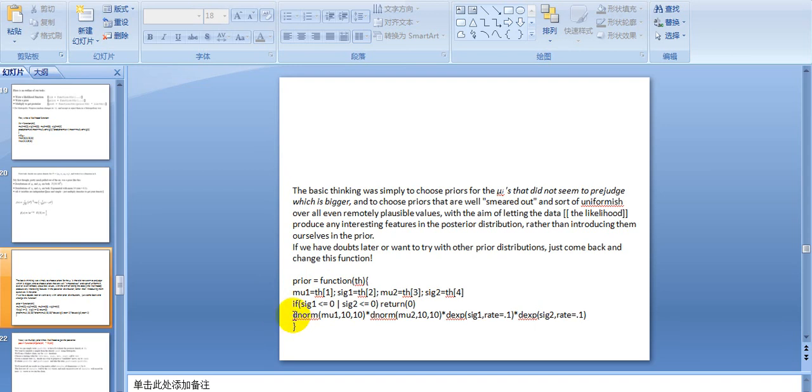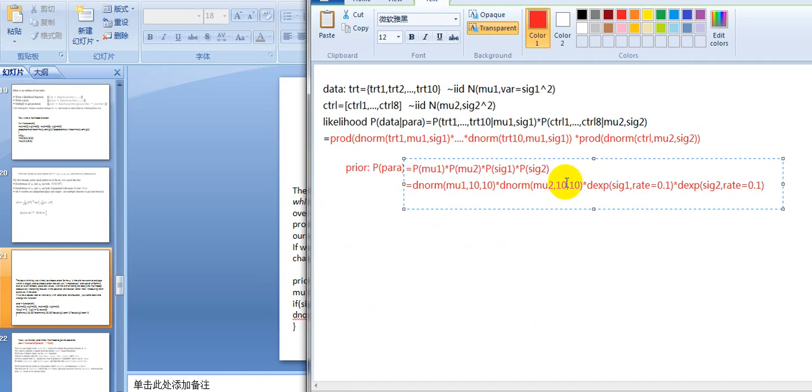Otherwise, if this is not true, we go directly to here. The prior is dnorm mu1 10 10 times dnorm mu2 10 10 times dexp sigma 1 rate 0.1 and dexp sigma 2. So this is exactly the same as what I wrote here. See here? That's exactly the same thing.